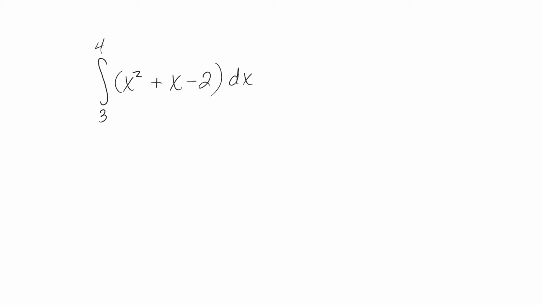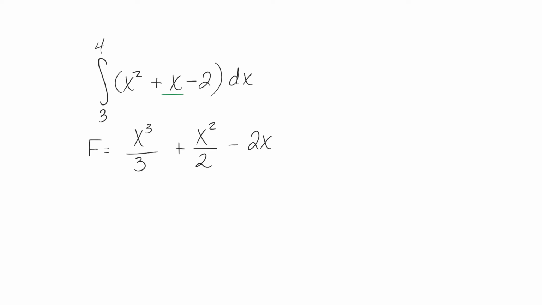We're going to add 1 to the exponent and divide by it. So x cubed over 3 plus x, add 1 to my exponent, so x squared divided by 2 minus 2x.